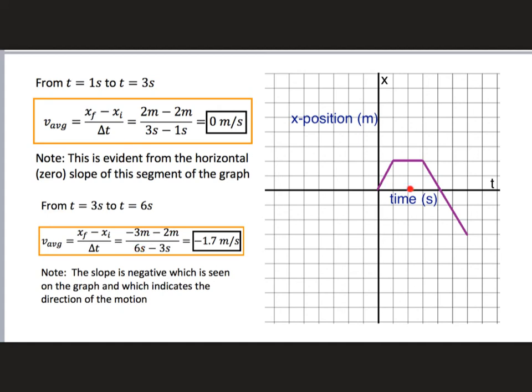That's 1, 2, 3, 4, 5, 6. So this is at 6 seconds minus 3 seconds. And we end up with 1.7 meters per second in the negative direction. Again, that negative always tells us the direction. And we see the slope is negative, so that makes sense.